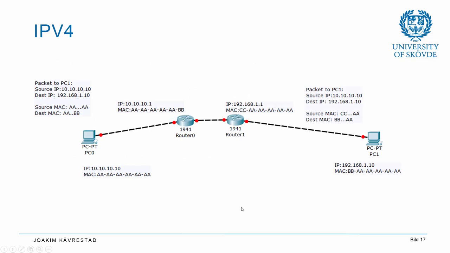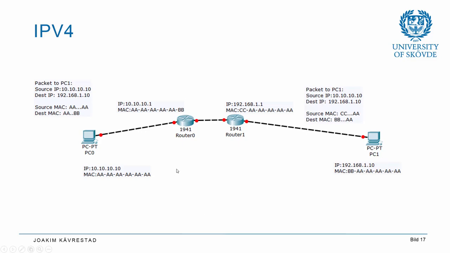So this is a very simple network where we have PC0 here that wants to send a package to PC1. And to do that, it will first enter source and destination IP address. So it will use its own IP address as source IP, of course, 10.10.10.10. And as the destination IP address, it uses the IP address of PC1, 192.168.1.10.